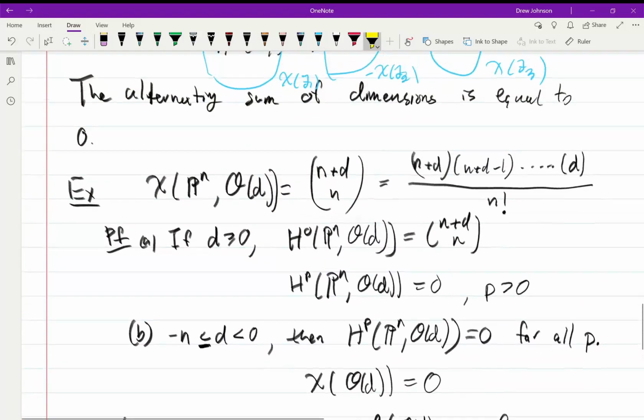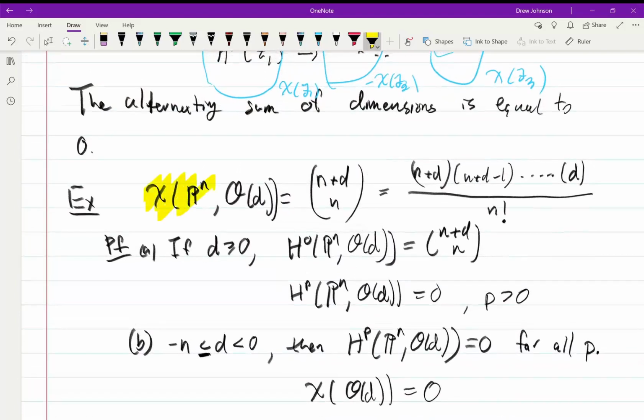Let's look at this result one more time. For the Euler characteristic, we get one nice answer that works for all d positive or negative or anything. So this is an example of how the Euler characteristic is a little bit better behaved than just taking the dimensions of cohomology groups. If you just take the dimension of the different cohomology groups, you need like 3 different formulas, depending on different cases.